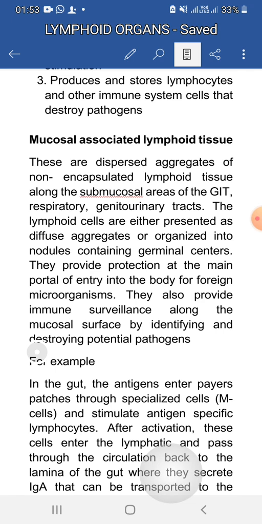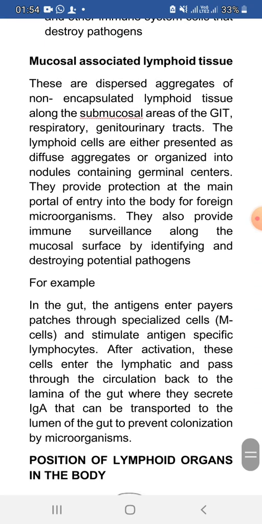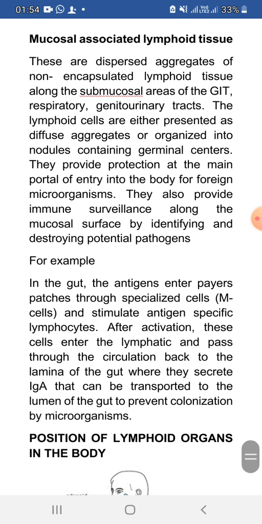An example is in the gut. In the gut, we have Peyer's patches, which are the main MALT, or GALT, it says GALT. It has cells known as M cells. These present antigens to the lymphocytes, B and T cells, mainly B cells.